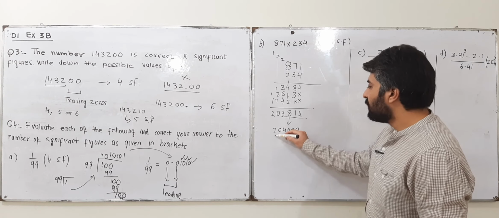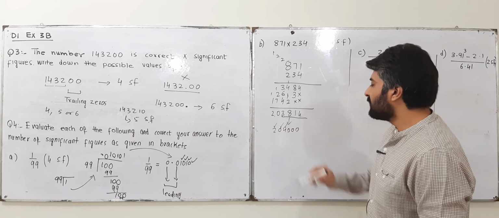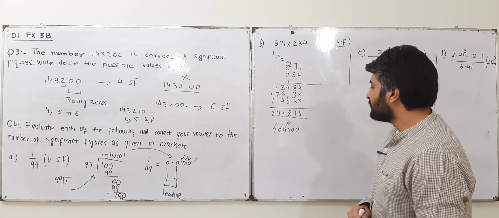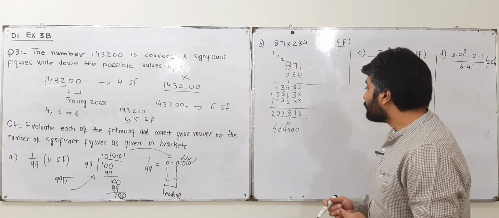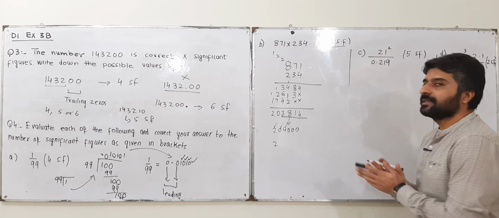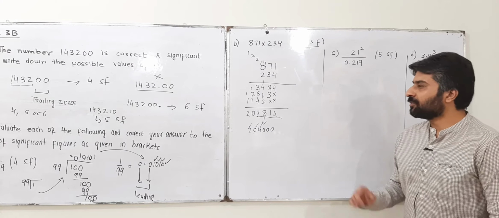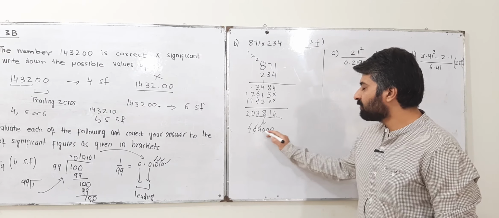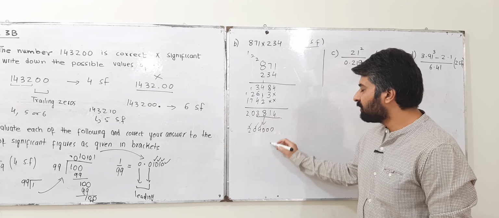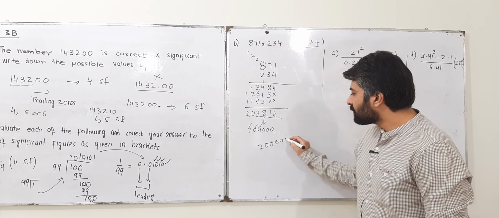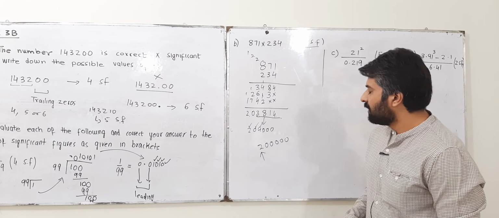Now it has 3 significant figures, but we need 2 significant figures. You can round it off further, so what will be the possible case? Well, it is 2,04,000, this is 2,03,814. So if you write 2 lakh, it has 1 significant figure.